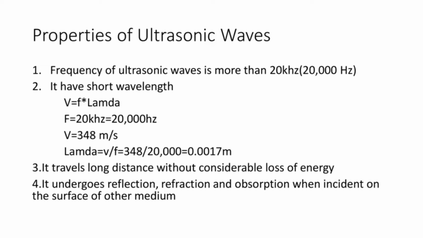If the frequency is 20 kHz, that is 20,000, then lambda equals V by F. So the velocity is 348 divided by the frequency, 20,000. When you divide these values, we get a small value, 0.0017 meter. And the next property is that it travels long distances without considerable loss of energy.